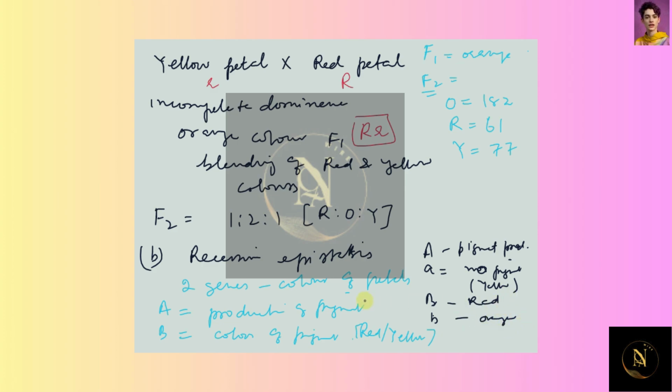The F2 generation in this case would be expected to have a 9:3:4 ratio, which will be orange, red, and yellow.